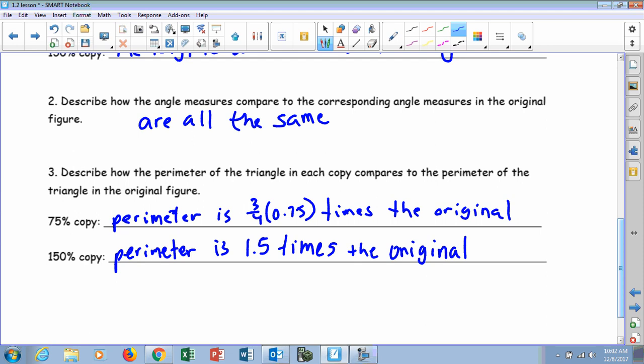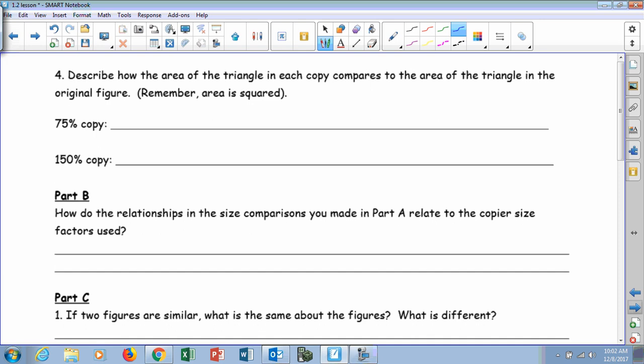All right, this is the one that everyone seems to struggle with. So remember, perimeter and area are not the same thing, right? Area is length times width, right? So if the length is 3/4 the size of the original one, and area is length times the width, you need to take 3/4 times 3/4.